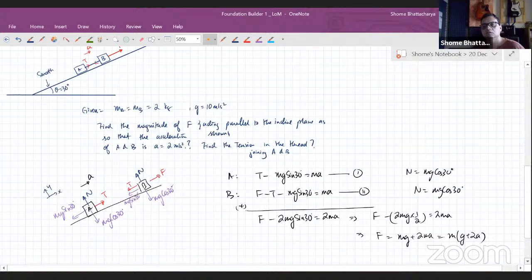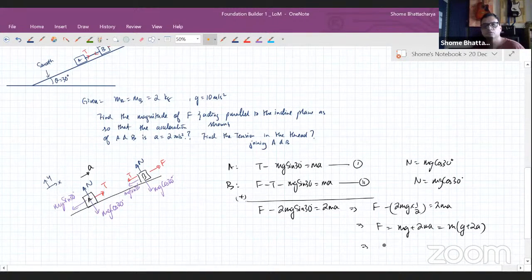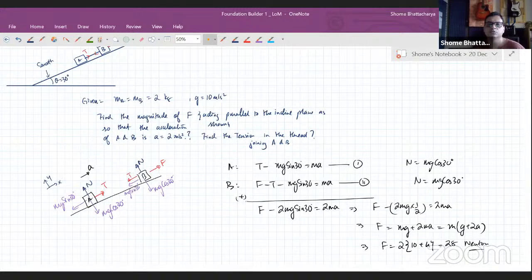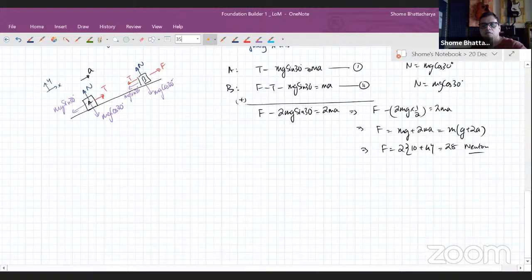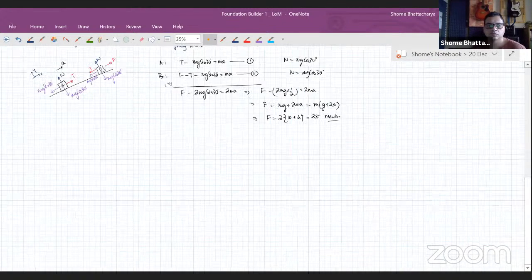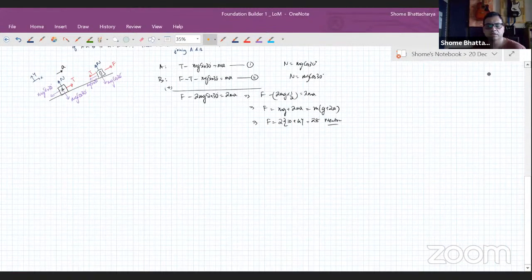So the magnitude of the force you have to apply will become 2 kilograms into 10 plus 2 into 2, 4. So 28 newtons. And then we can substitute that back in the FBD equation to find the tension in the string.